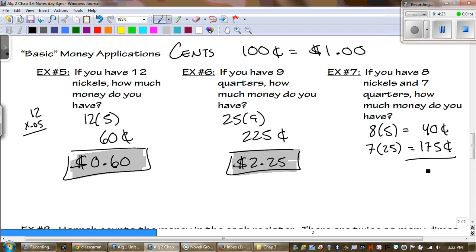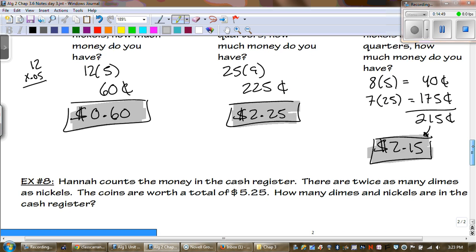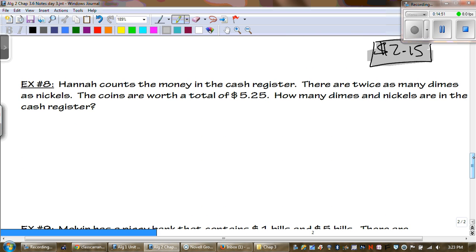Add those two numbers up. 215 cents, which is the exact same thing as $2.15. Okay? So whichever way better works for you, if you want to do it with the decimals right away, we prefer to move the decimals at the very end. Okay? Alrighty. Now, applications of that.